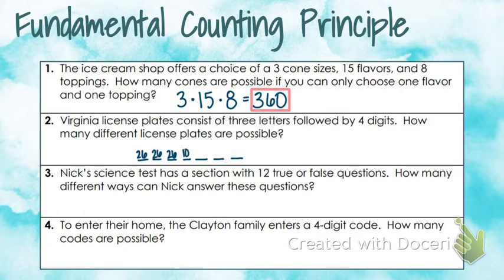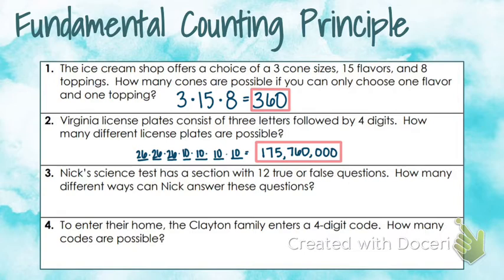And each one of these can be any one of those 10 digits. So we are going to multiply all of these numbers together to get 175,760,000 different license plate possibilities.